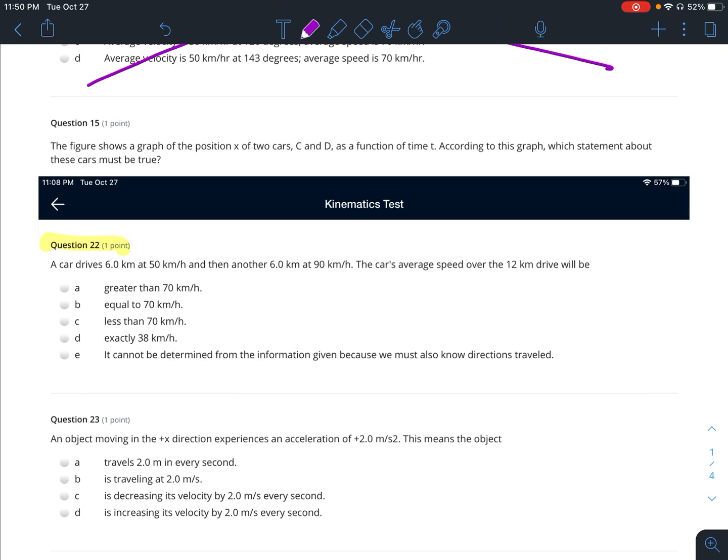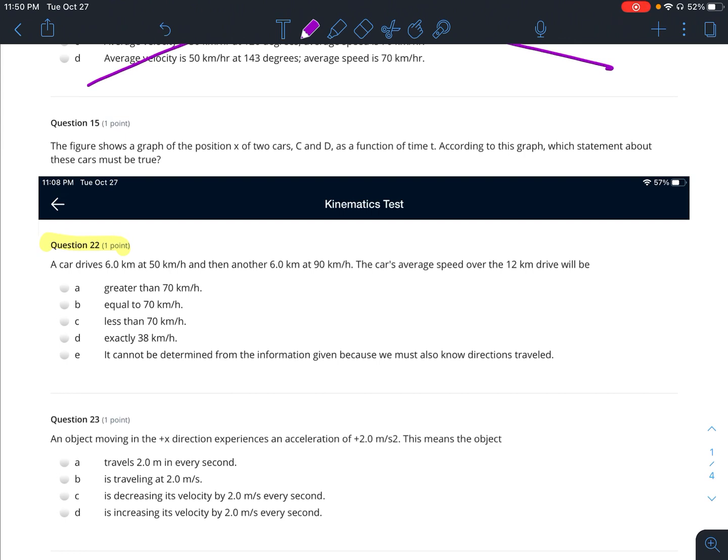But when we look at time, distances, and velocities, we're going to be moving at that 50 kilometers per hour for a longer amount of time. So we're moving at 50 more than we are at 90.